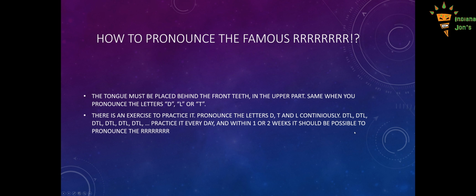And you will practice this every day. Not all day, obviously. People will think you're crazy. However, that's how you make the R possible in Spanish if you don't know how to do it, or if your language doesn't have this, right? So practice this, and within 1 or 2 weeks, you should be able to make the R sound.